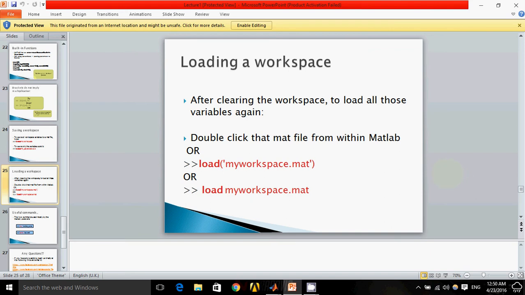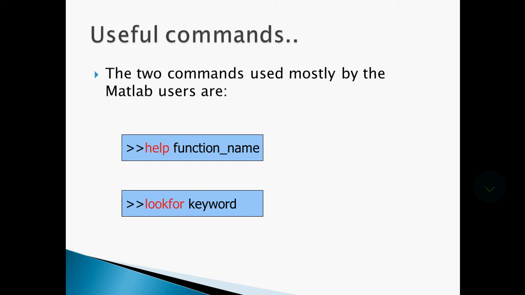So I will write any_name, and it will give me my variable B. So we have discussed how to save a single variable, how to save the complete workspace, and then how to load different variables, and how to load a complete mat file.